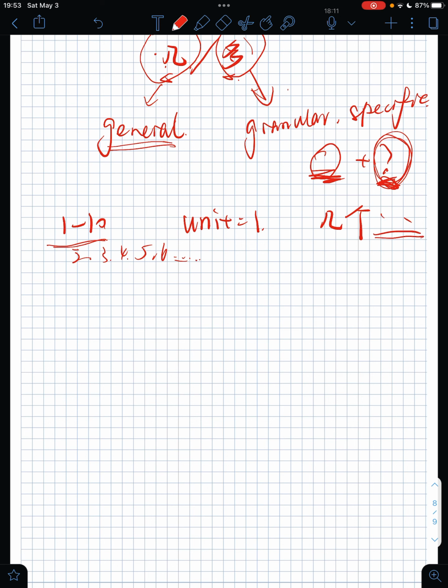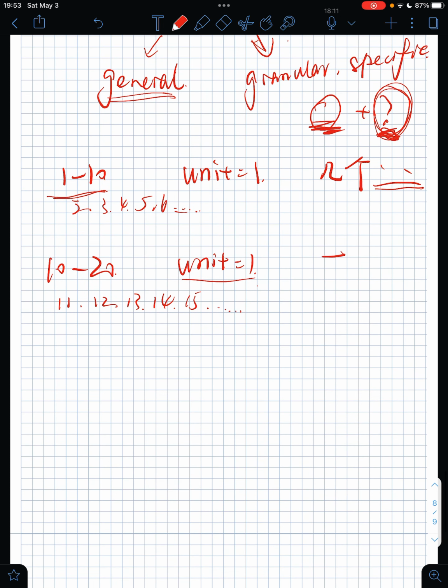Alright, and now let's go above 10. So between 10 and 20, we still have the unit of 1. What do I mean by unit of 1? So 11, 12, 13, 14, 15, and so on and so forth. All of these, we call them 十几个苹果 apple, because see here, the digit of 10 is already designated.